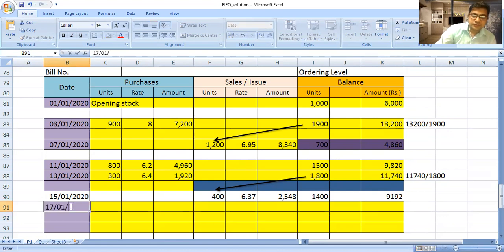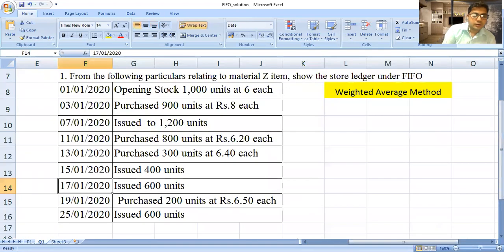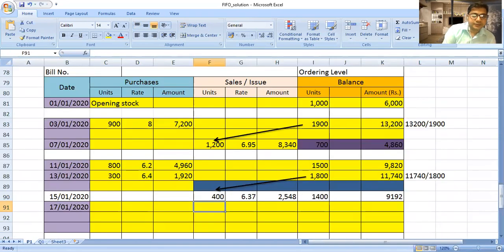How many units do they want to sell? 600. So from this 1400, 600 units we will sell. Now the rate we have to find out. 9192 amount divided by 1400. How much will be the rate?